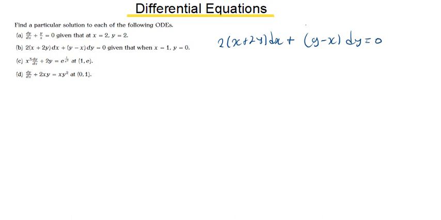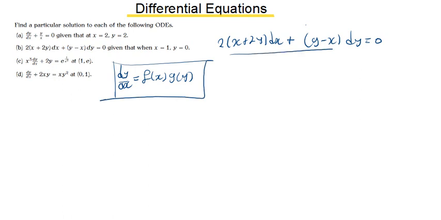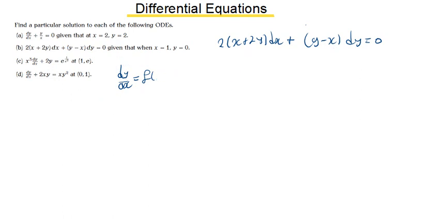Looking at this, I observe I can also write this in the form dy/dx equals f of x, or g of y, like that. So let's see how we go about it.